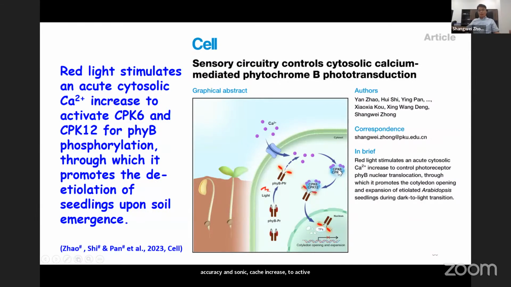This active CPK will directly interact with and phosphorylate phyB to control phyB nuclear translocation. Through this mechanism, the seedlings can rapidly undergo the deetiolation transition when they emerge out of the soil.